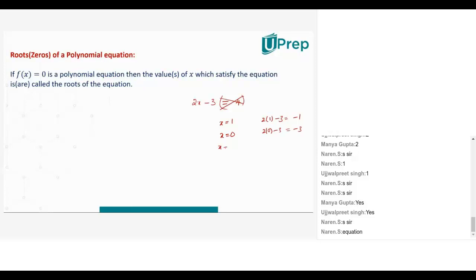Can somebody tell me what do I get if I give you x equal to 4? How much is the expression? When I give x equal to 4, I get 2 into 4, 8 minus 3. That is 5. So the expression is giving me different values. Right?